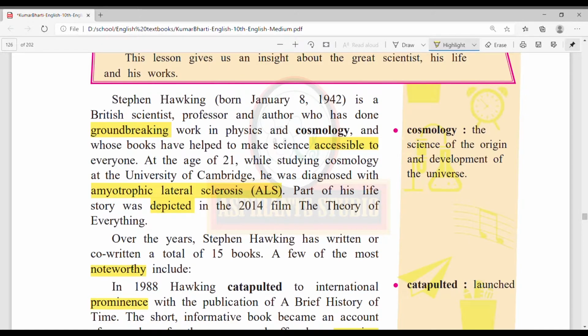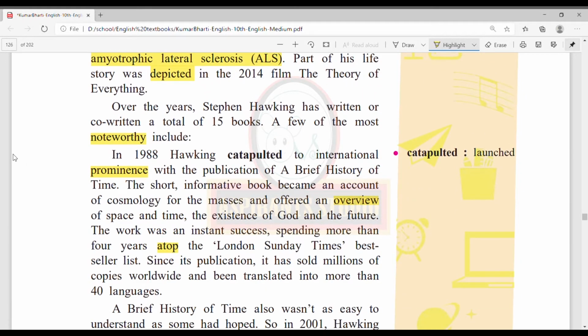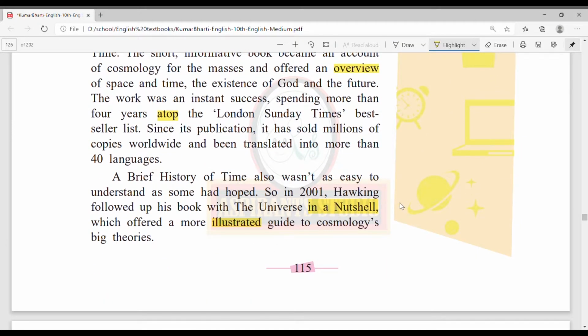Noteworthy means worthy of attention because interesting or significant. Extrapolated means launched. Prominence means state of widely known. Overview means summary of a subject. Atop means on the top of. In a nutshell means summarized in a few words. Illustrated means clarify by giving example of.